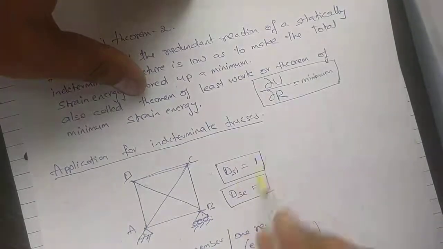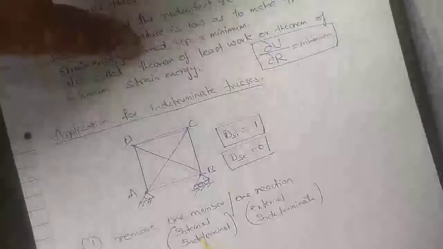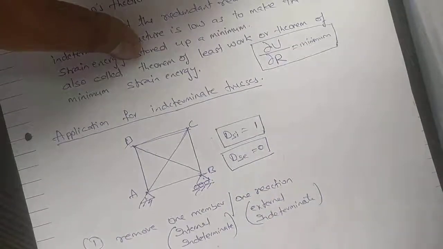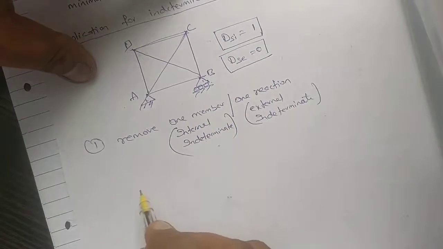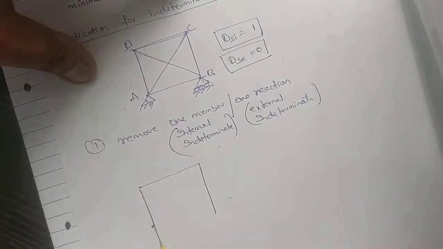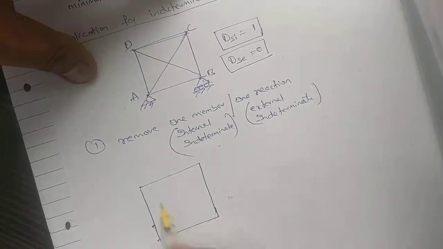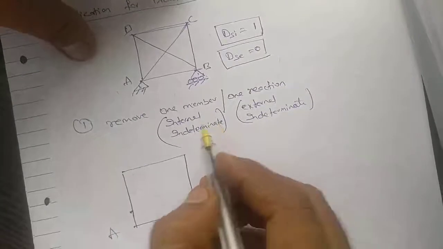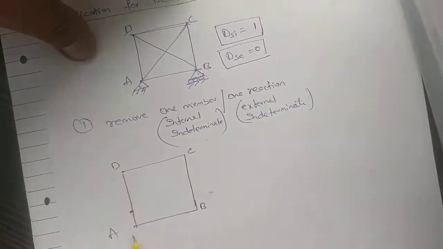Internal is 1. So for internal indeterminacy, we have to remove one member. If it is external indeterminate, we have to remove one reaction. Okay. So first we will remove one, for example, we will remove one member. A, B, C, D.